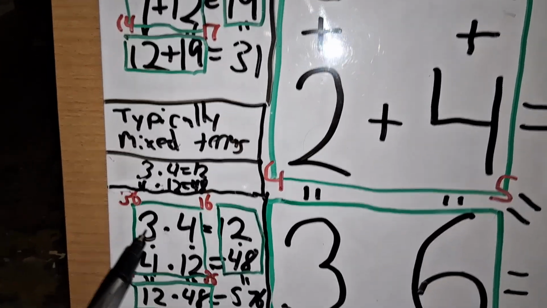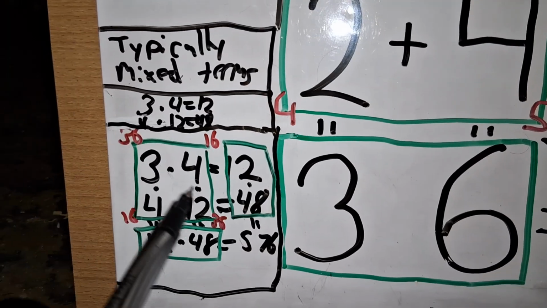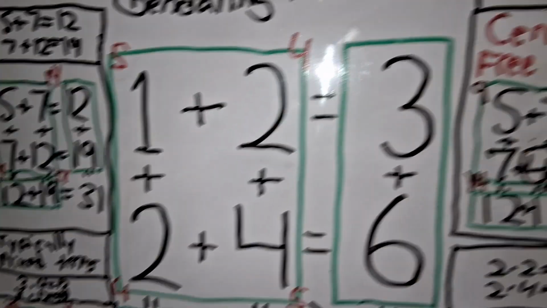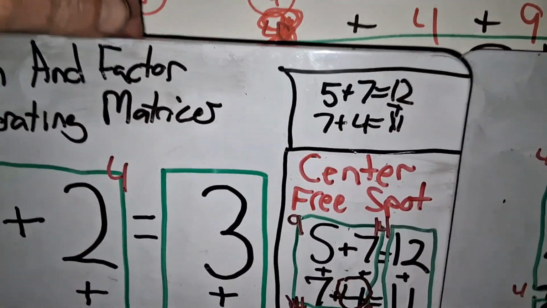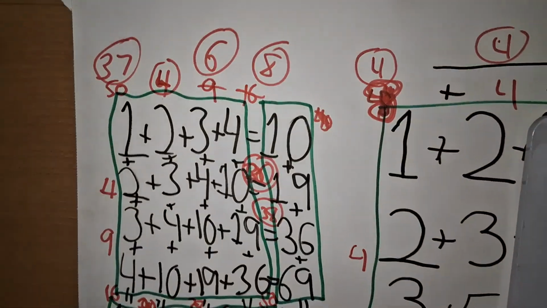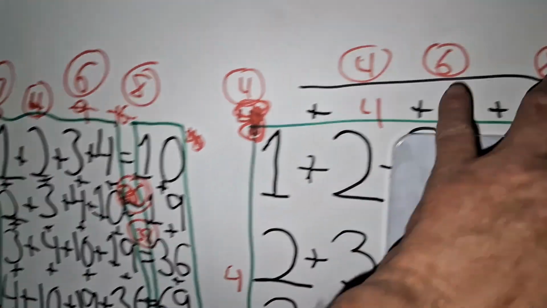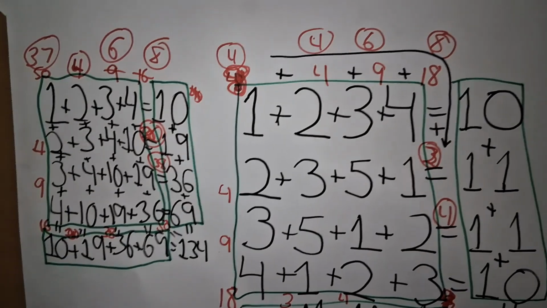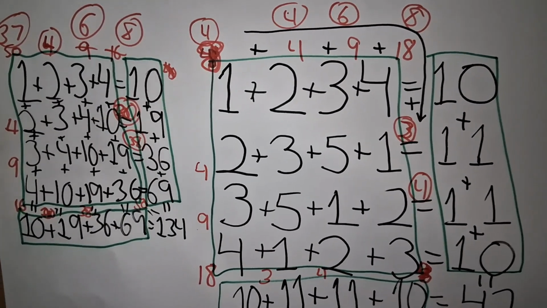They're typically mixed expressions, 36 and 16. So, these are examples done in 5 by 5 matrices. You'll see that it works in there.